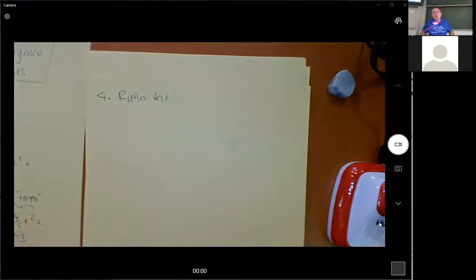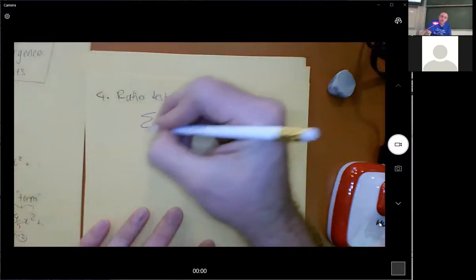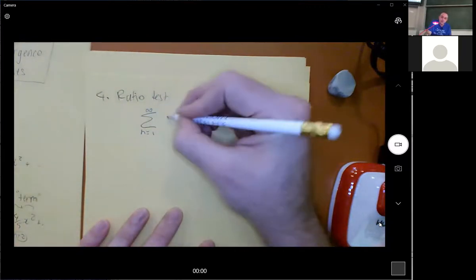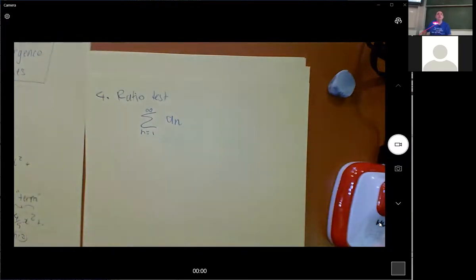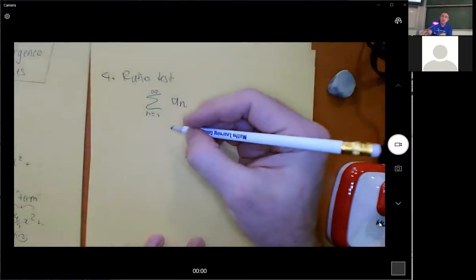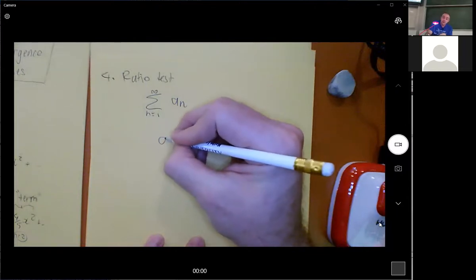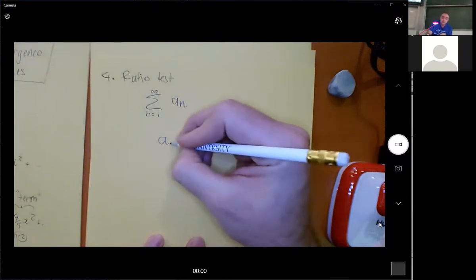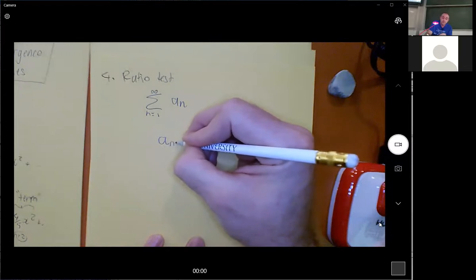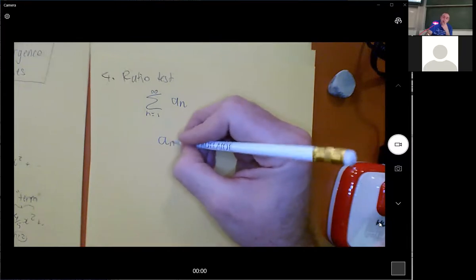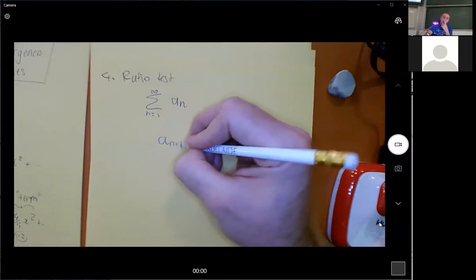And the ratio test says that if you have a series like that, and if you do this thing, you get each term and you divide it by the one before it.